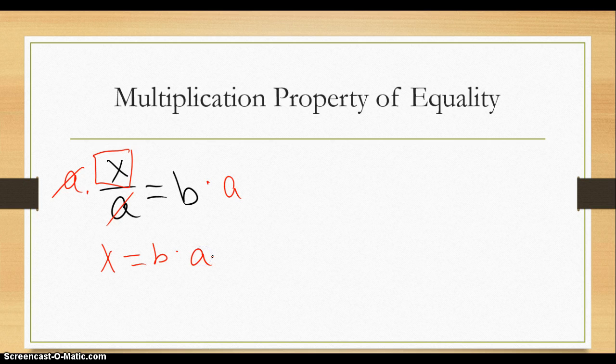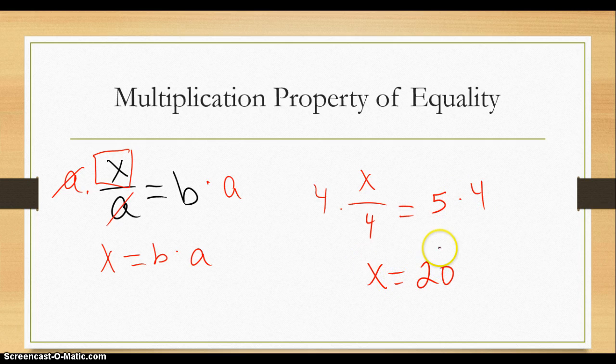If I have x over 4 equals 5, I can ask myself mentally what number divided by 4 would equal 5, but then I have to show work. Multiply by 4 on both sides, x equals 20. Plug it back in to check. 20 divided by 4 does equal 5.